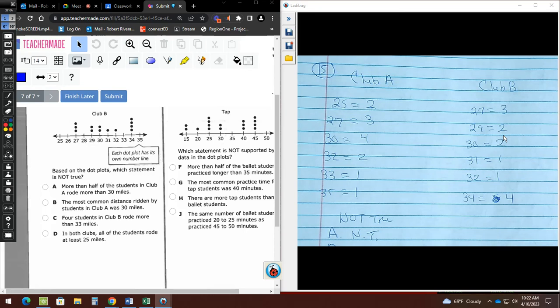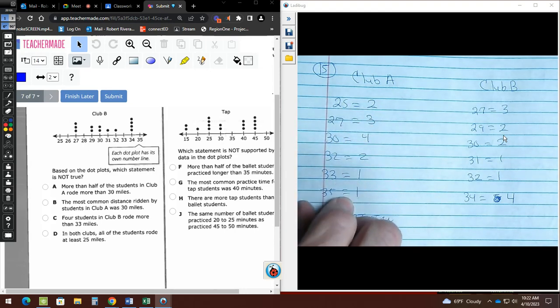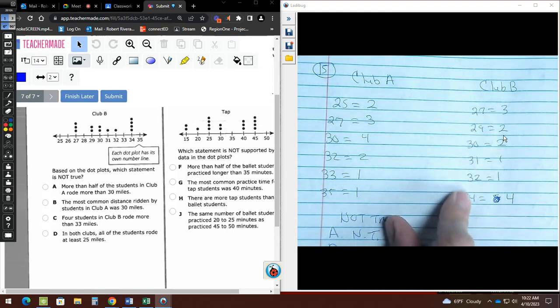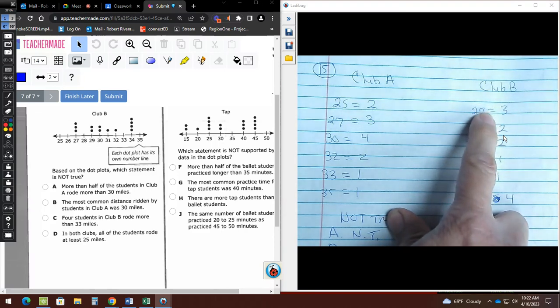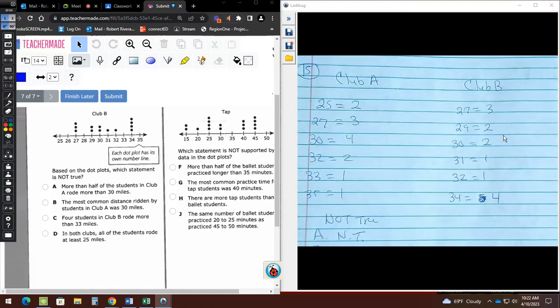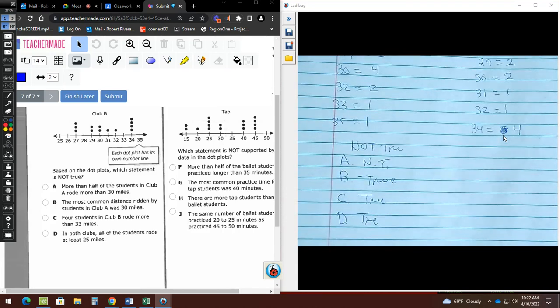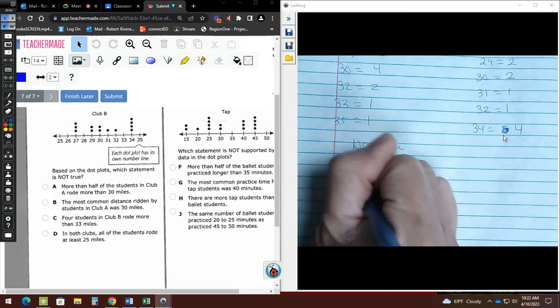But it could be higher, right? Because at least means the minimum. All of them rode even more than 25. So both clubs rode at least 25 miles. So this is true. So the answer is A.